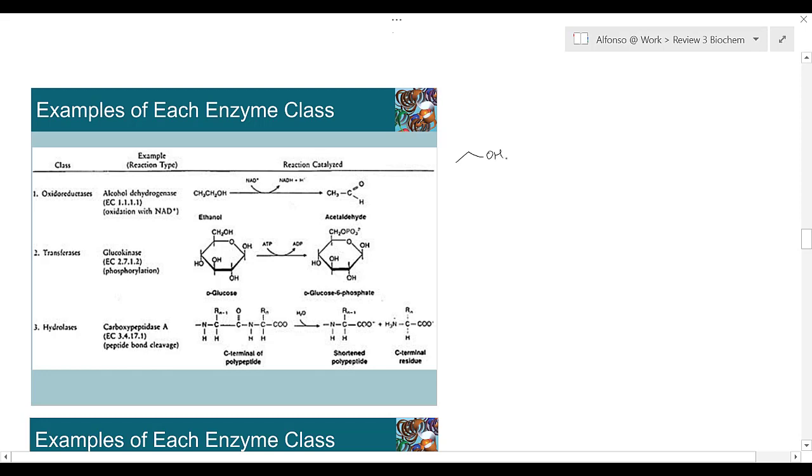And this ethanol gets turned into acetaldehyde. So what happened to this carbon right here? Well, if you look at the picture over here on the right-hand side, you'll see that this carbon was actually oxidized.